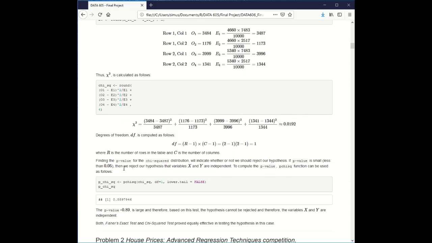If the probability is small, then we can reject the hypothesis that x and y are independent. However, using the chi-square test, my probability value was 0.89, which is rather large, and therefore again we maintain the claim that x and y are independent.